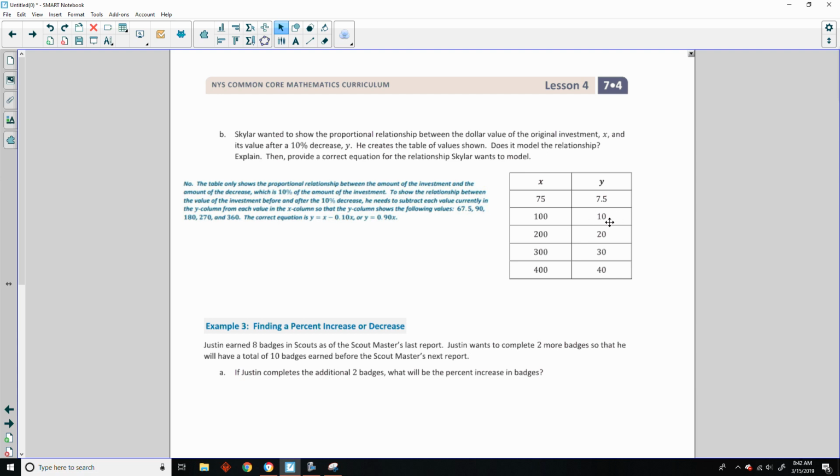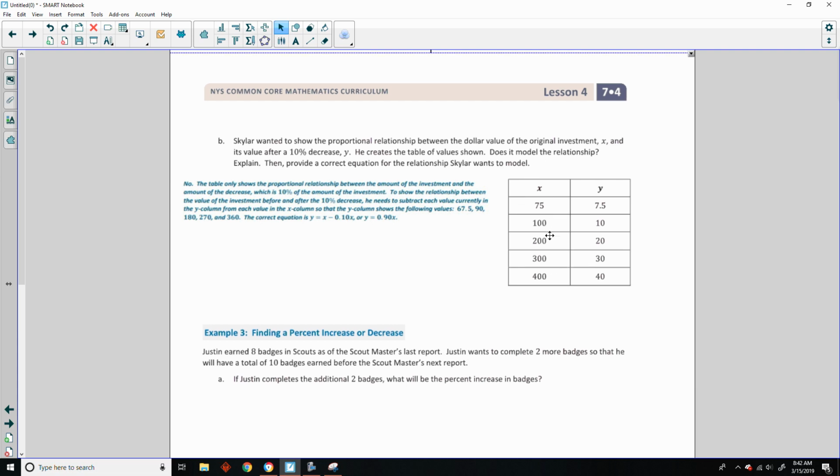So he wants to subtract 10, not put 10 there. He wants 67.50 here, 90, 180, 270, and 360, not the 75, 100, 200, 300, 400. The correct equation would be y equals x minus the 10% times x, or y equals 0.90x.